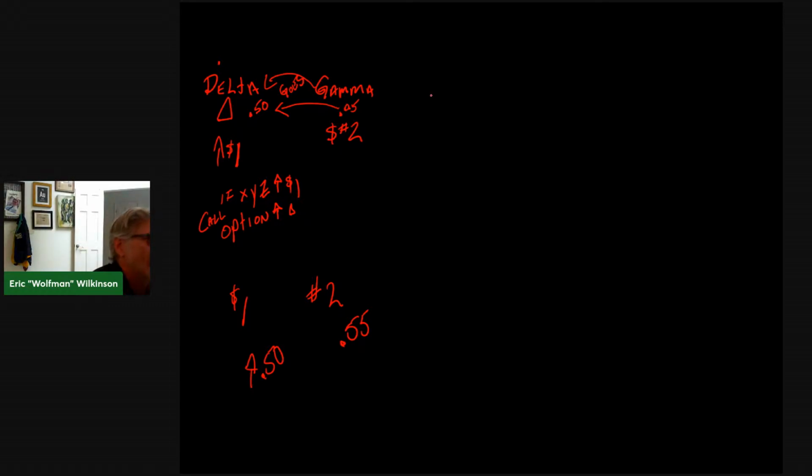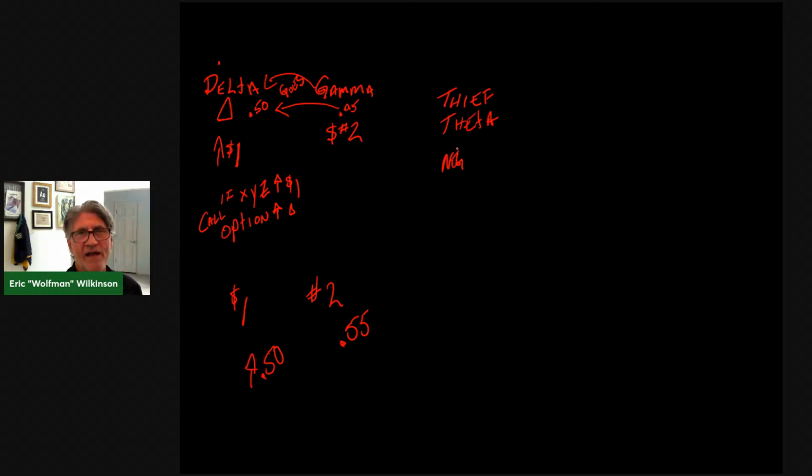All right. Gamma, delta, thief, the thief in the night, right? Most people don't call it this, but that's theta. Theta is the thief in the night. It's always negative. Why? Because you can't go back in time, folks.